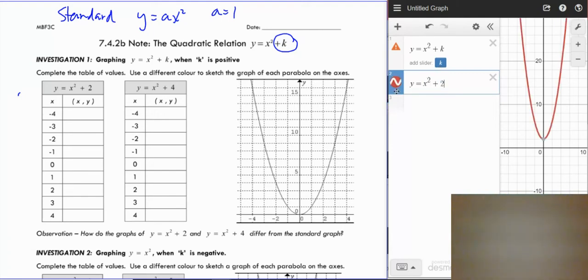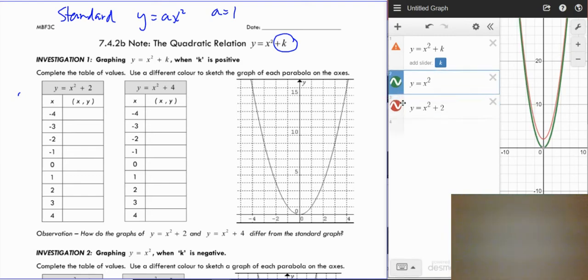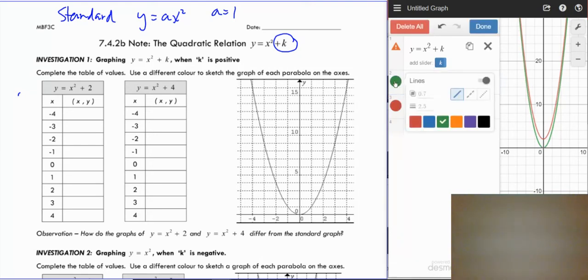We might as well do it with a color. You know what else we're going to do? We're going to put the standard one in there, so we have something to compare it to. x squared. Good. All right, we're going to move that up. Let's go with color changes with black. Okay, and we can do the red one here.